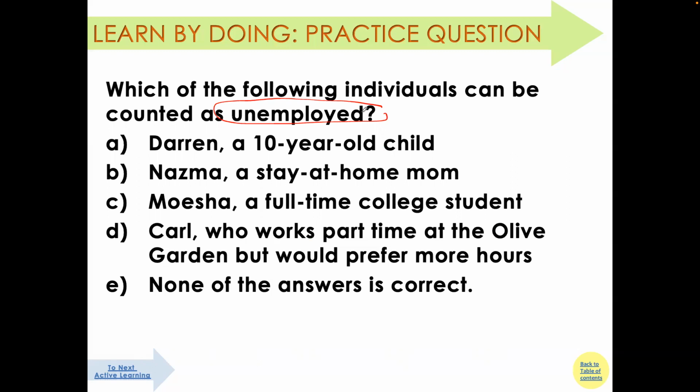Is she unemployed? Why? Yes, she's staying home, meaning she doesn't have a job. But to be classified as unemployed, what else is required? Has she tried looking for a job in the past 4 weeks? No. So she's not unemployed.